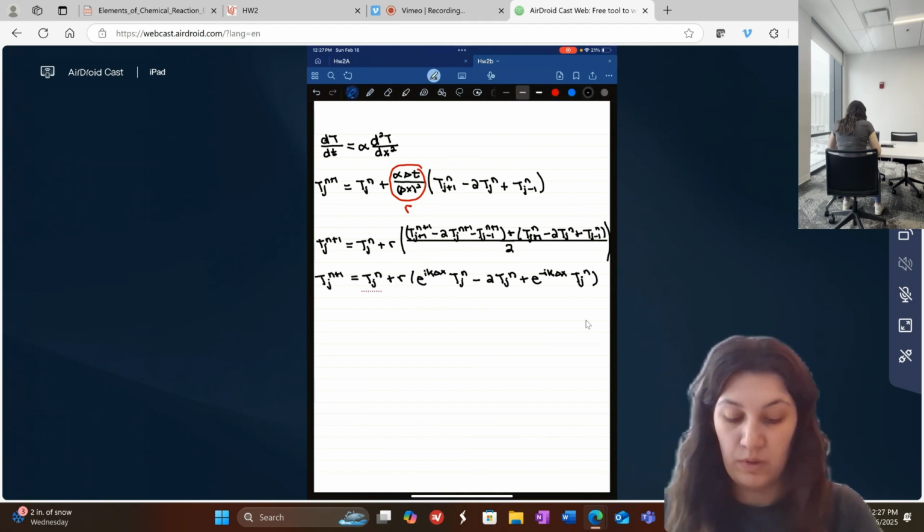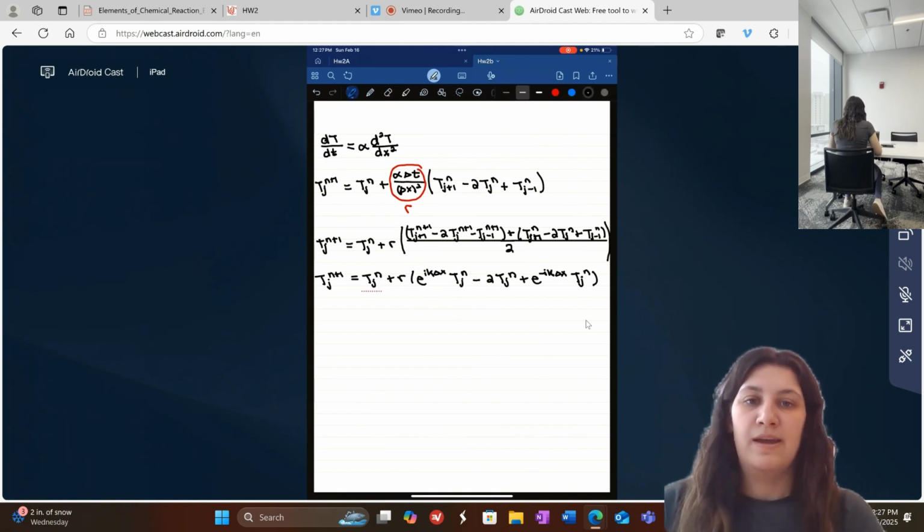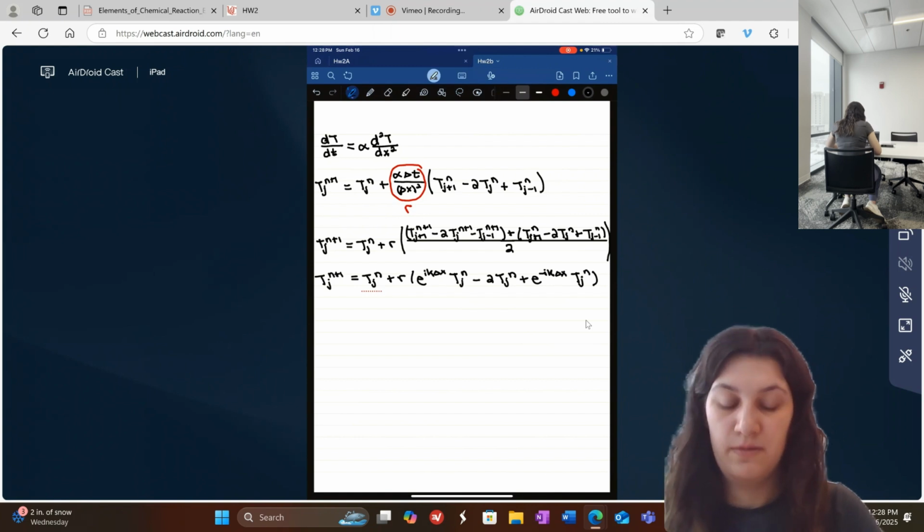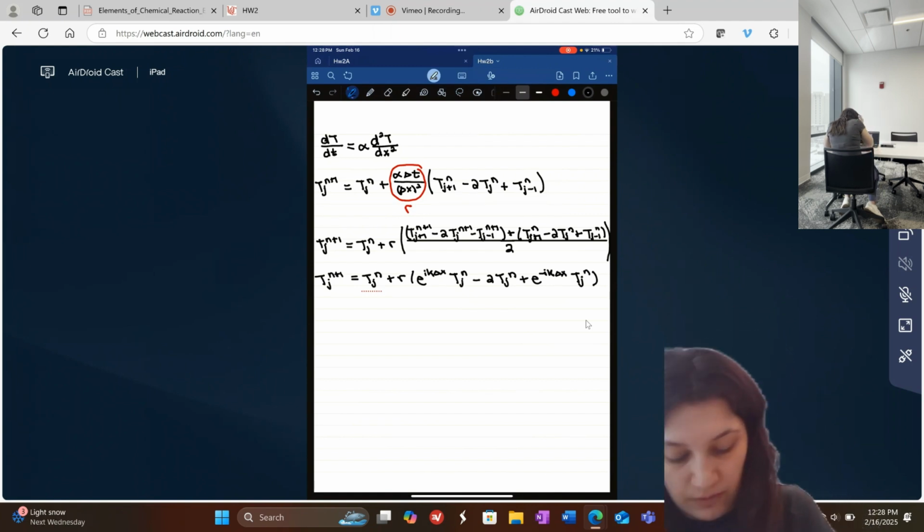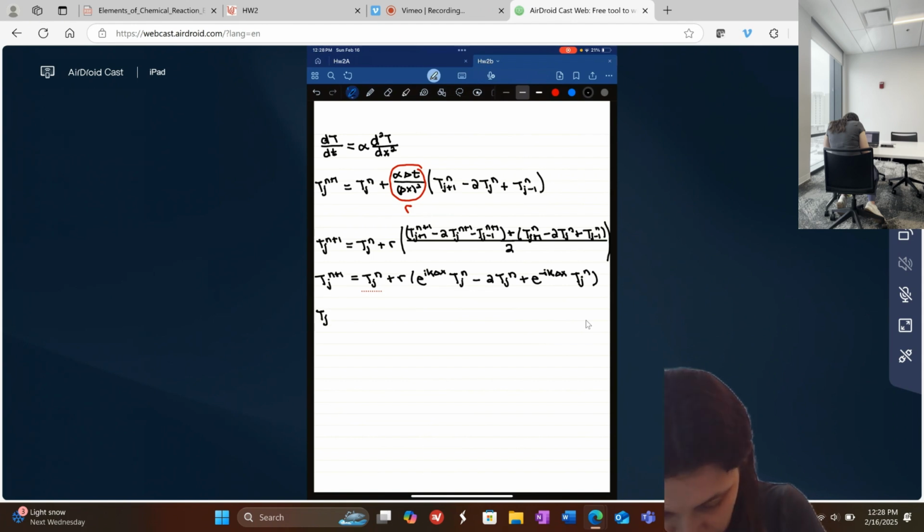So if we take this expression and do the same thing for the equation we have above, we end up with Tj n+1 is equal to Tj n plus.